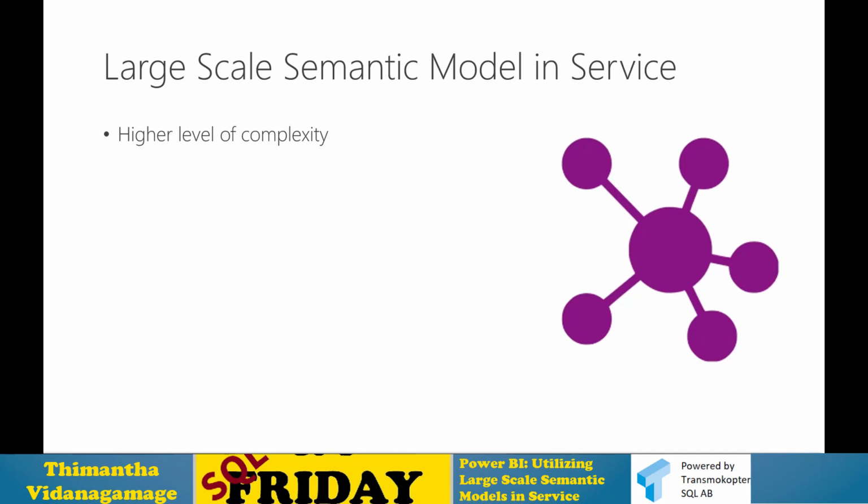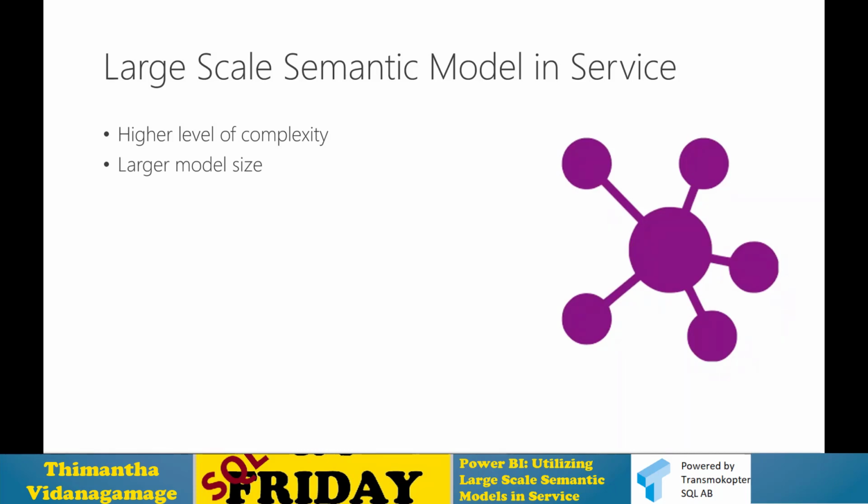So what does complexity mean? Complexity could mean several tables, several relationships, complicated relationships, several calculated columns, multiple columns, unnecessary and necessary. So that's what you mean by complexity. Along with that, adds up the model size.